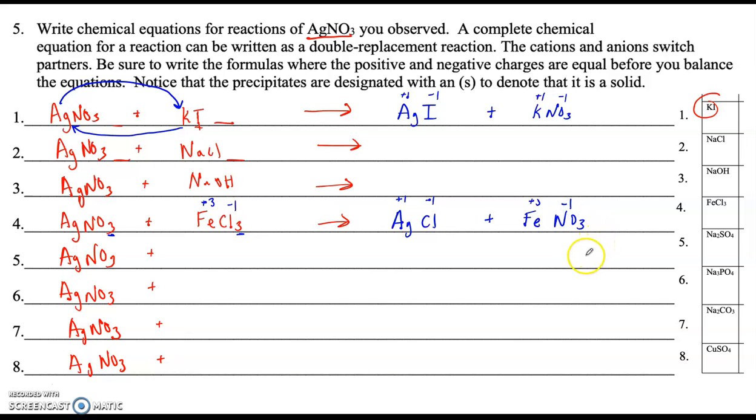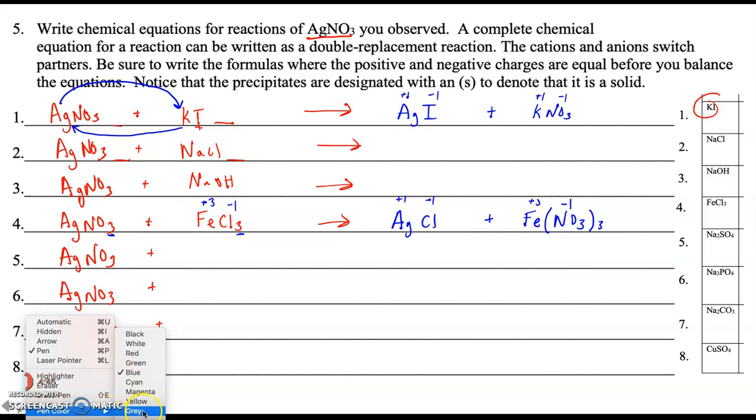Nitrate has a -1 charge. So I'm going to need parentheses, and I need 3 of these. So you're going to go through and do that for all of the rest of them. That's your job for number 5. There is one more step here. Let's change my pen color once more, just to keep things separate and neat.